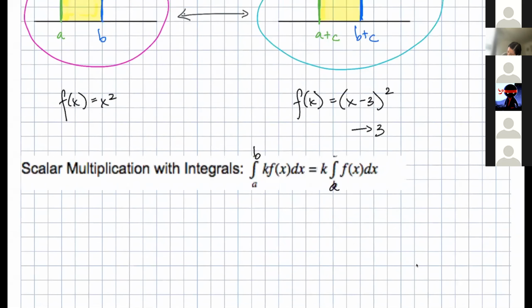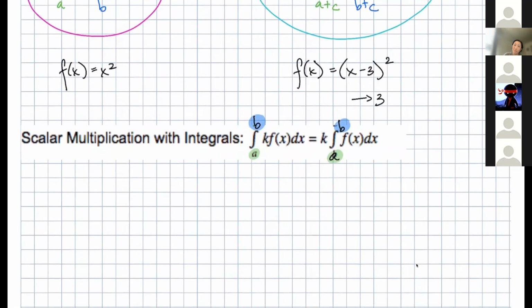This is supposed to be an A, and this is a B. Okay, so we might notice here that our bounds are the same. On the bottom, we have A, and on the top, we have B. And K stands for a constant, okay? And so K would be just a number, all right?